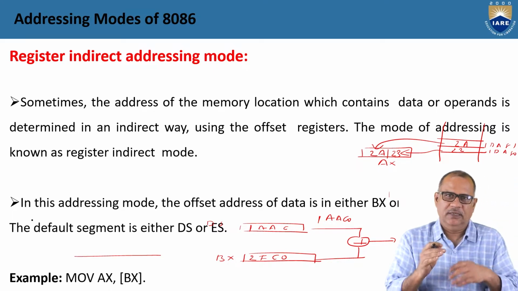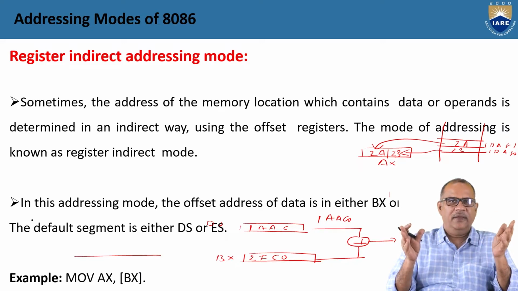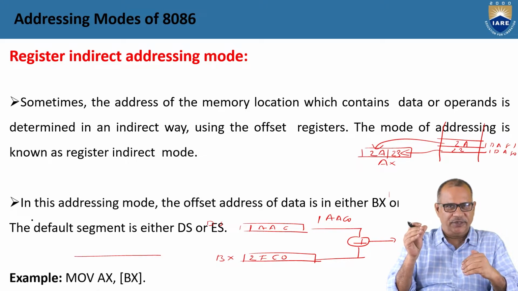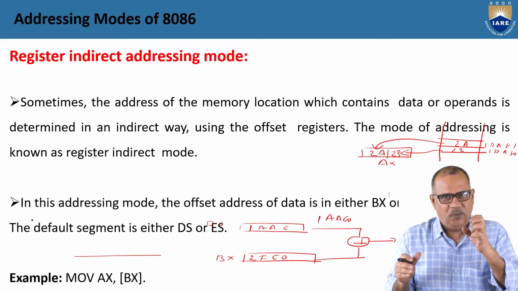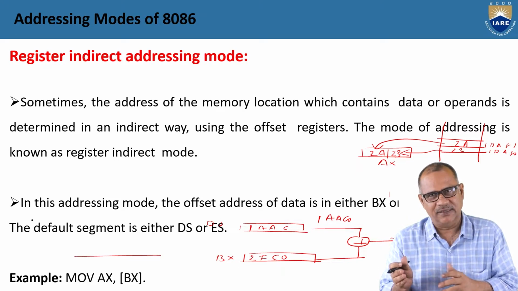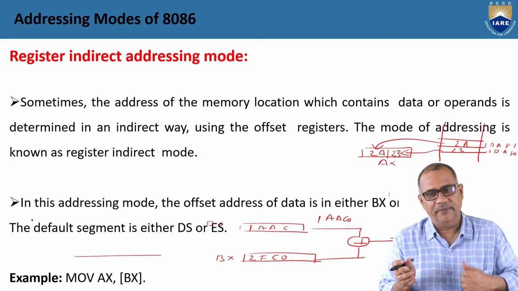There are two units in the 8086 microprocessor, the bus interface unit and the execution unit. The bus interface unit calculates the effective address, taking the base address from the segment register and the offset address from the pointer registers. It calculates a physical address, a 20-bit address.